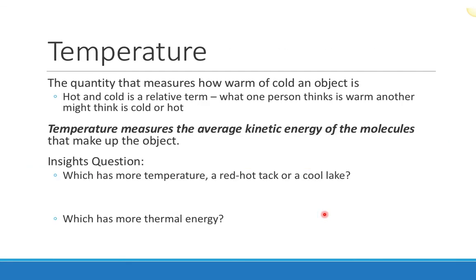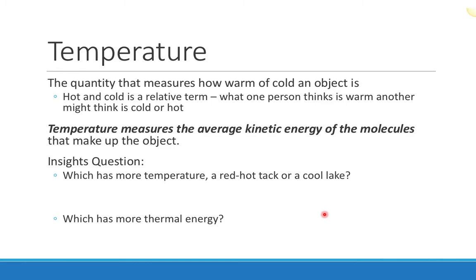So we've mentioned temperature a few times, but we haven't been very specific on what that actually is. But I think it's something that we know pretty early on in our academic lives, even in elementary and middle school. Temperature is basically the quantity that measures how warm or cold an object is. So hot and cold are relative terms.